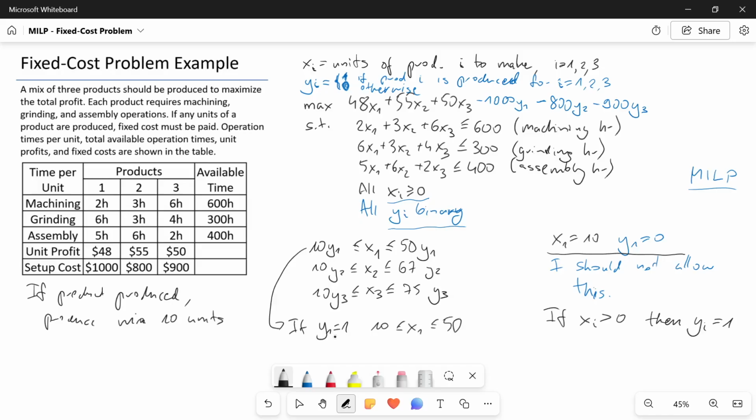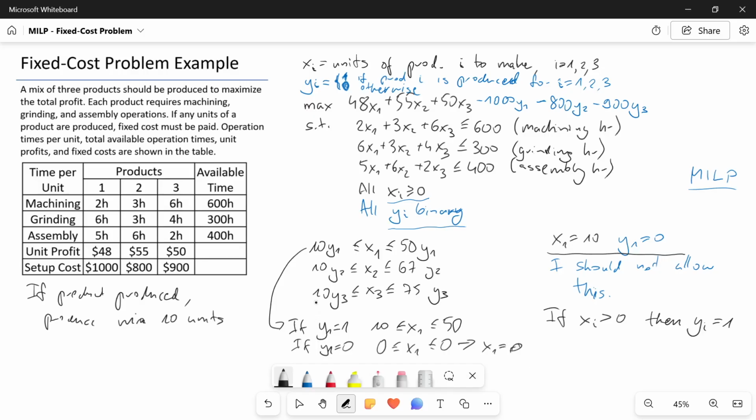So you see, if we produce, we have to produce a minimum of 10, a maximum of 50 units. But if y1 is equal to 0, then we have 0 times 10 on the left, less than or equal to x1, less than or equal to 50 times 0, which is also 0. So effectively, we have x1 equals 0.